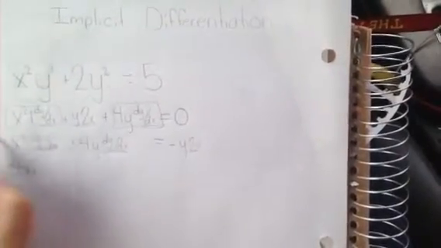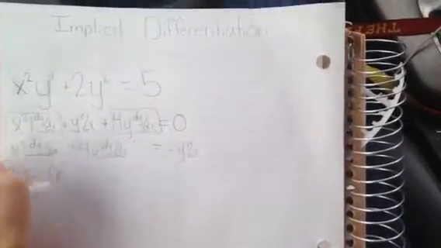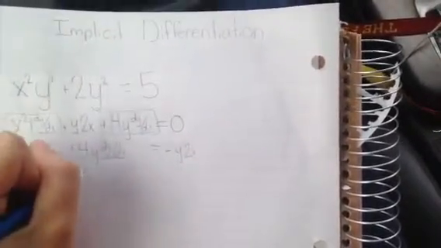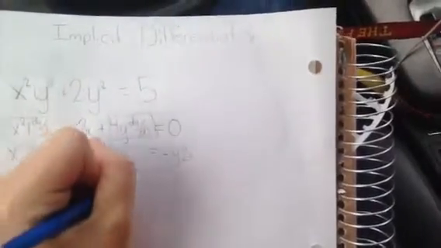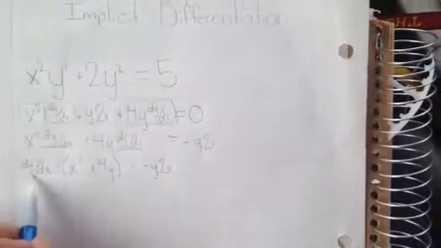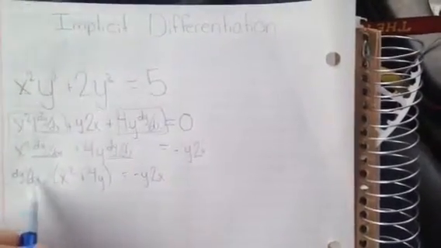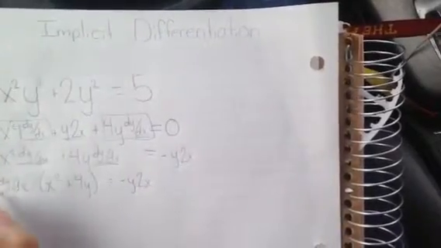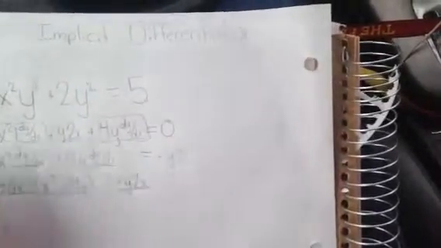So when you take out your dy dx from here, you're left with an x squared. When you take out your dy dx here, you're left with a 4y equals, just bring down your negative y 2x. And now you have your dy dx factored out, but you still have this being multiplied, so you're just going to divide this by both sides.